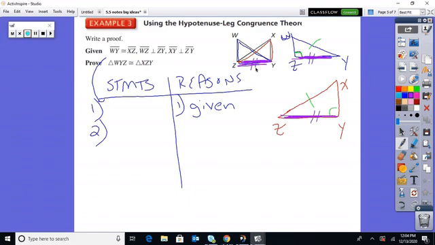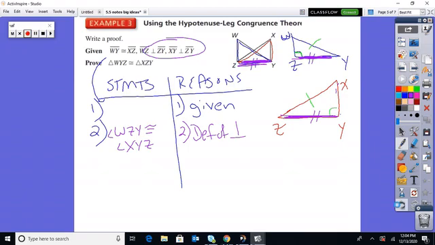So first off, let's take care of our right angles. Angle WZY is congruent to angle XYZ, definition of perpendicular, straight from the given.